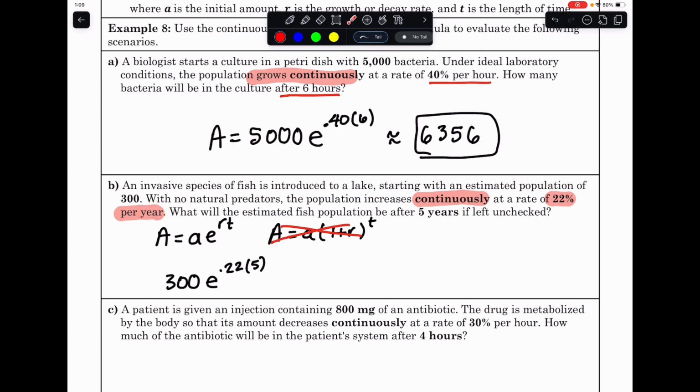If this was measured in months, we would have to convert it into years so it matches that unit. Plugging this into our calculator, it's going to give us a value that is obviously more than 300 because it's increasing. So it's 901 fish after 5 years.